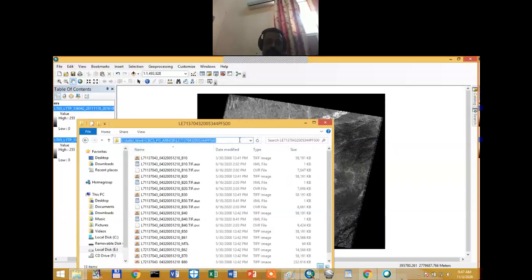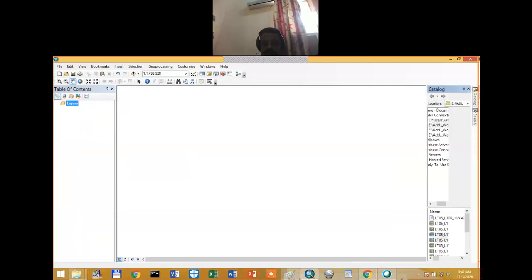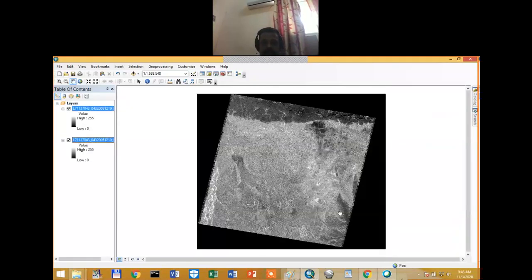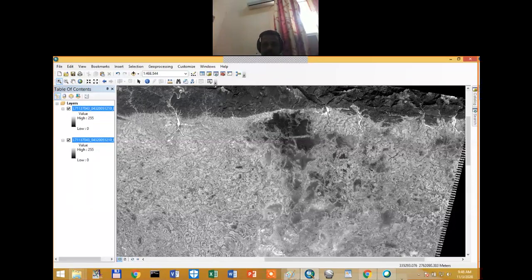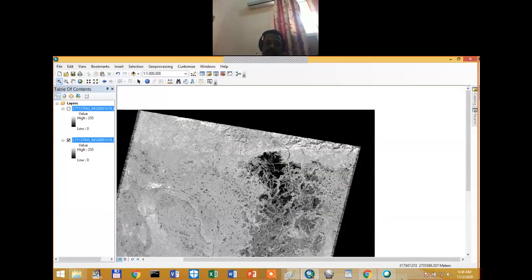Anyway, these are some of the areas which we suspect are due to floodwaters, which are actually seen from space.